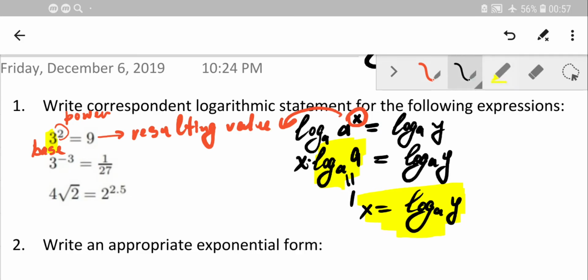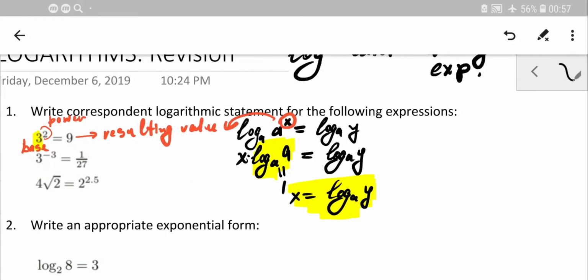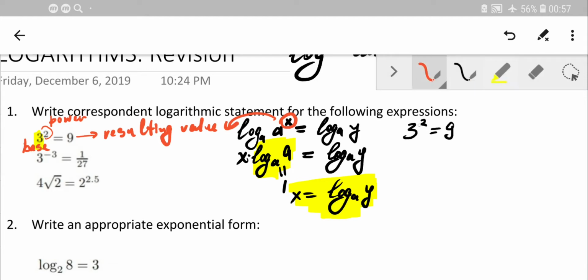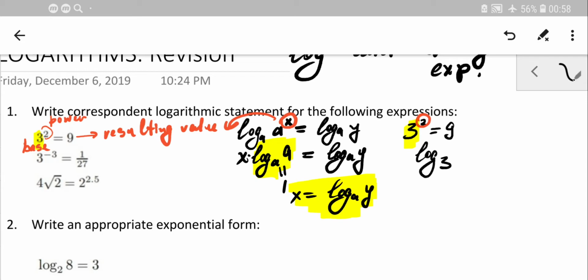All right, so let's apply this procedure to the first one, 3 squared equals 9. In this case, the power is 2 and the base is 3. So we apply log with the base of 3 to both sides, and we have log 3 of 3 squared equals log 3 of 9.